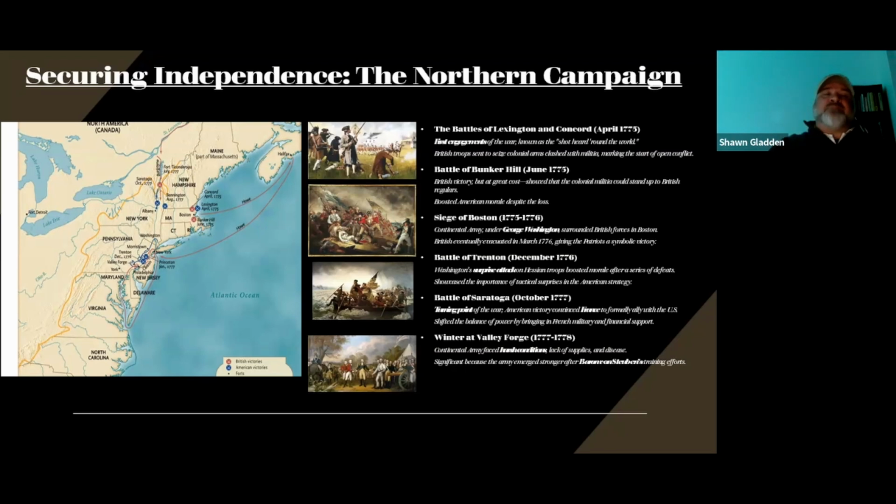Following the Battle of Bunker Hill, George Washington takes command of the Continental Army and lays siege to the British forces in Boston. This is where George Washington begins his command.